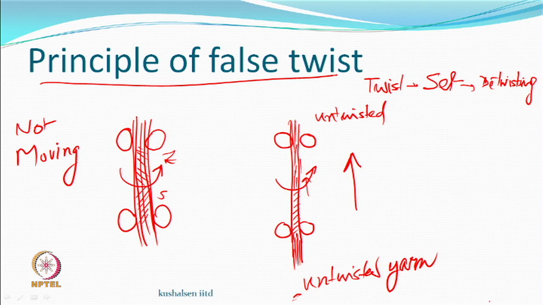So, one thing, the motivation is you wanted a continuous process, because we know that the production speed in a continuous process is likely to be higher.